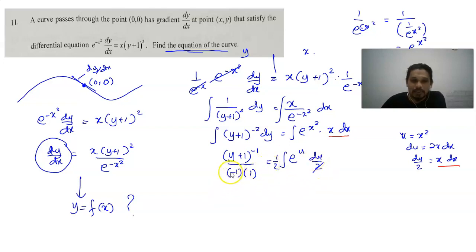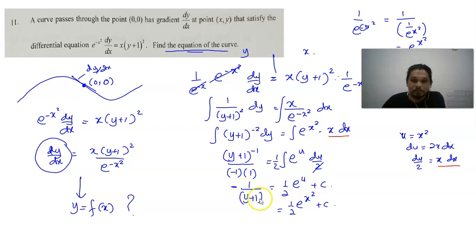Then this one here now, negative y plus 1 to the power of negative means that it is 1 over y plus 1. And negative here equal to 1 over 2 integral of e to the power of u, equal to e to the u plus c. And don't forget to change this back into the term of x: 1 over 2 e to the x squared plus c.